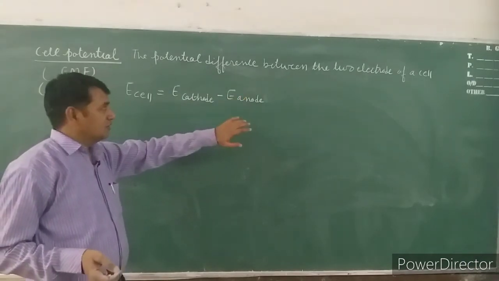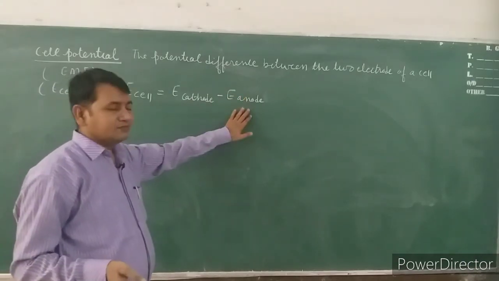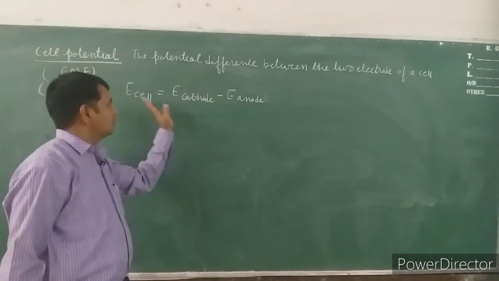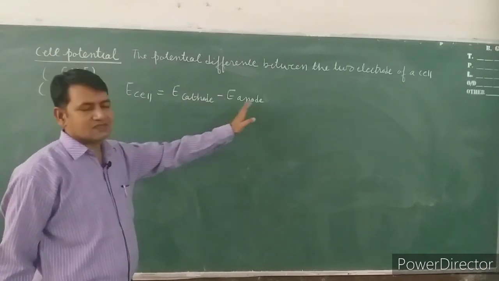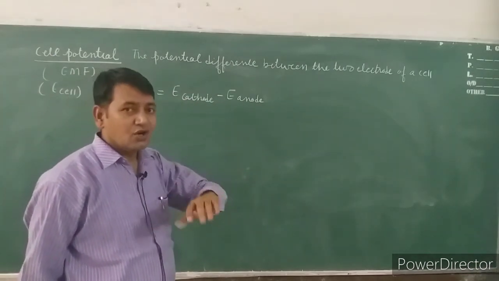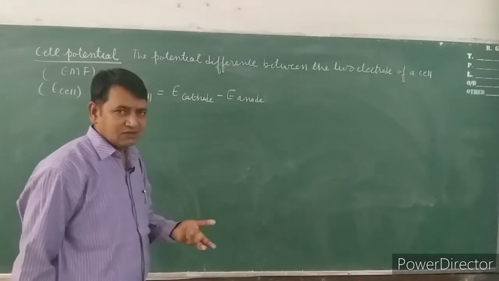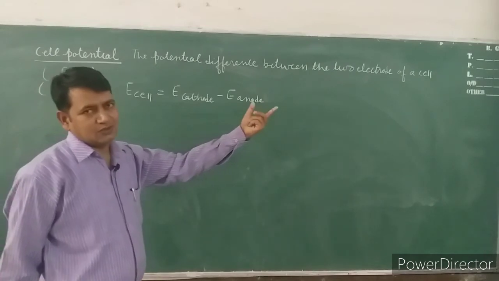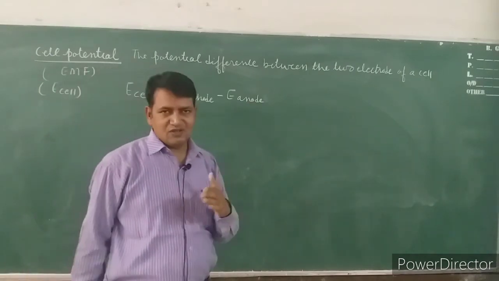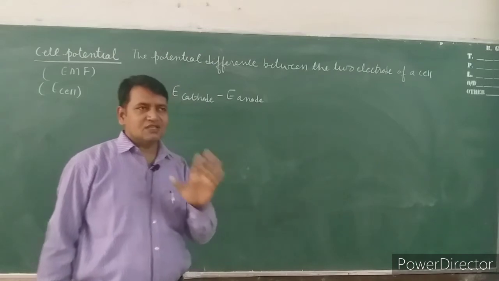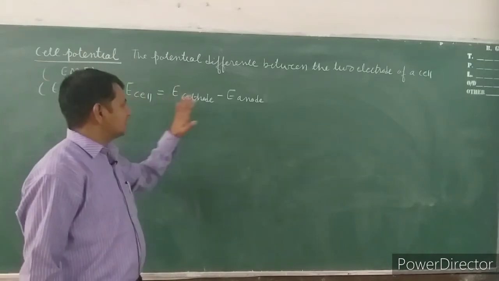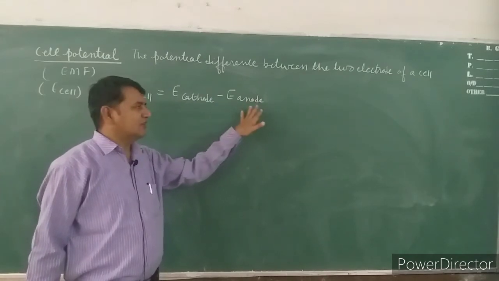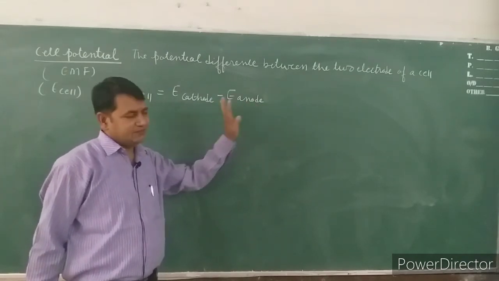If we use oxidation potential for anode and reduction potential for cathode, this formula will be converted into E cell is equal to E cathode plus E anode. And when we use oxidation potential for both the electrodes, the formula becomes E anode plus E cathode. So to avoid the confusion between the oxidation and reduction potential, just keep this in your mind: E cell is equal to E cathode minus E anode, and we have to apply only reduction potential here.